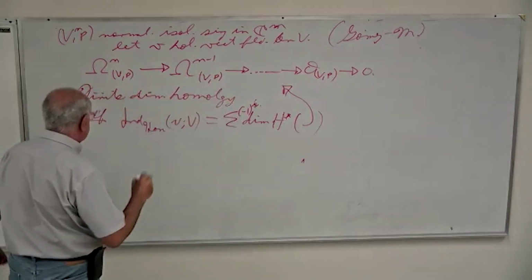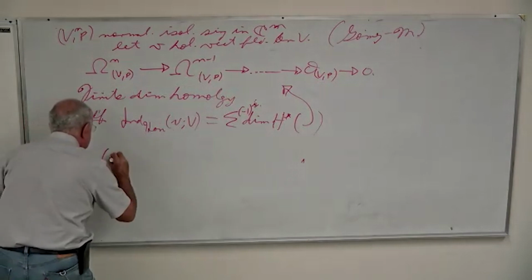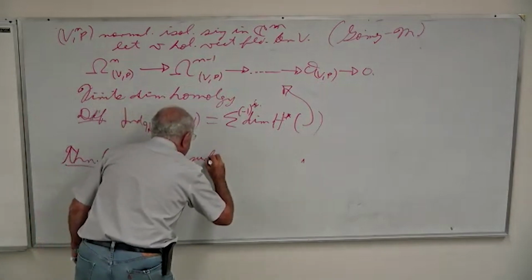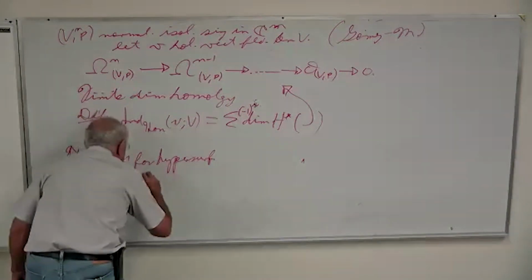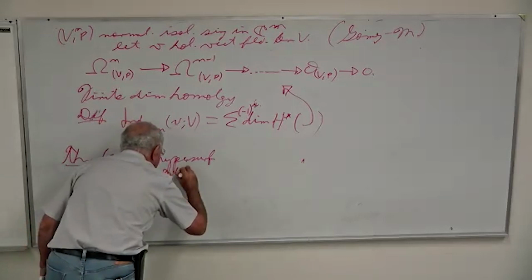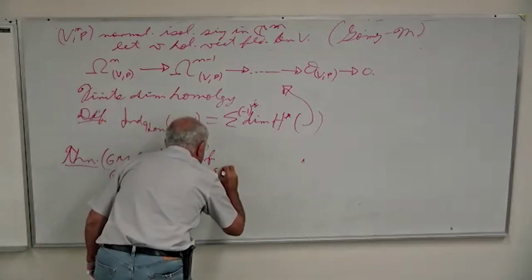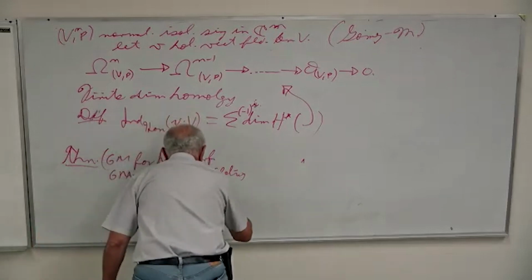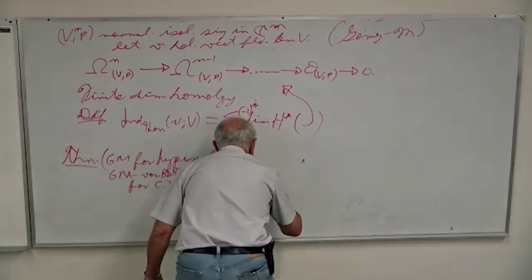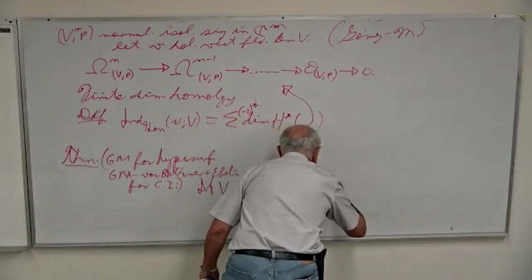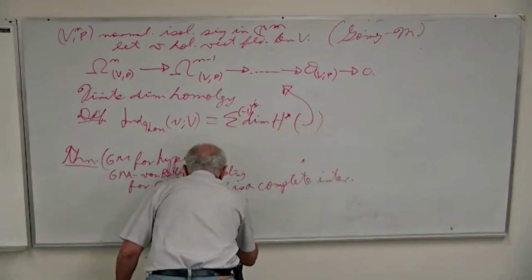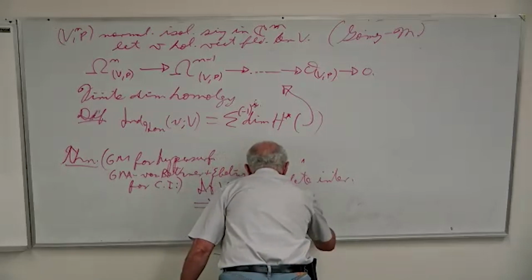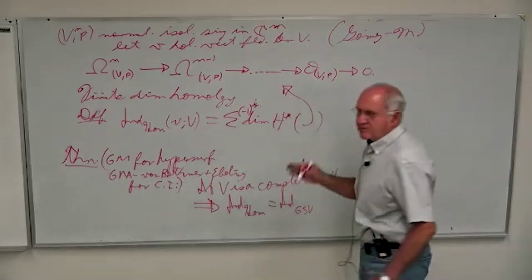Now, theorem of Gomez-Mont for hypersurfaces, and of Gomez-Mont with two other authors, Bothmer and Ebeling, for complete intersections: if V is a complete intersection, then the homological index coincides with the Gsb index for all vector fields.